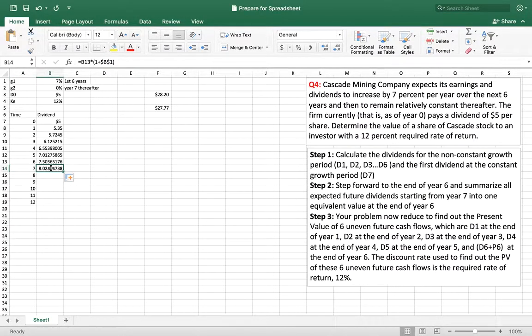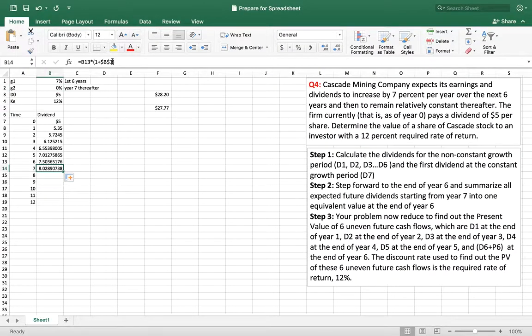Now, I have to change the dividend formula in cell B14 a little bit because now the dividend growth rate is no longer 7% given by cell B1, but 0% given by cell B2.